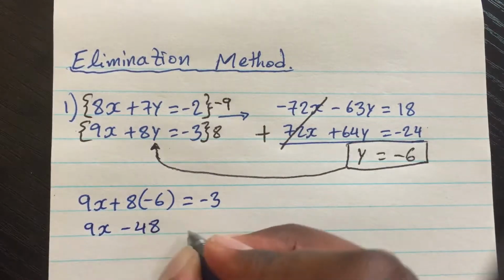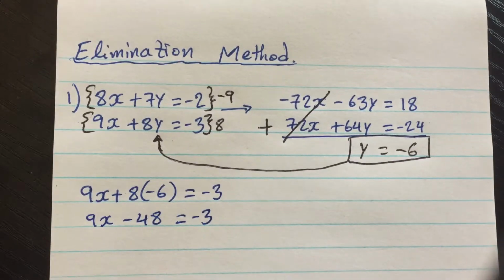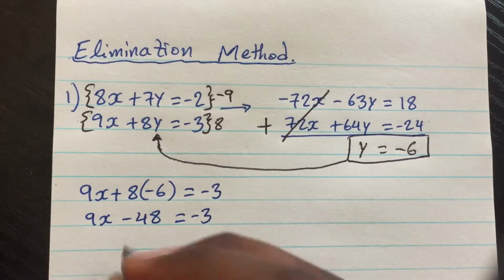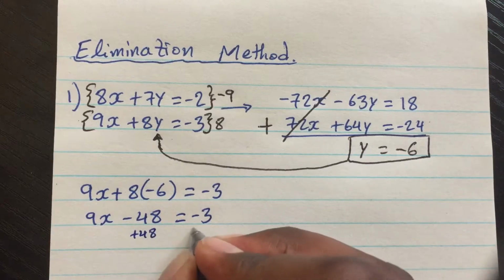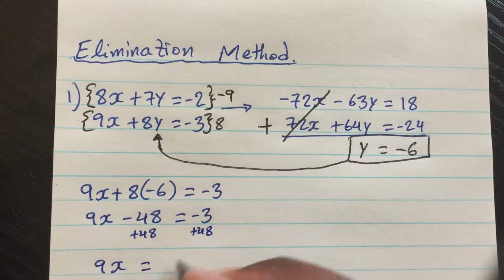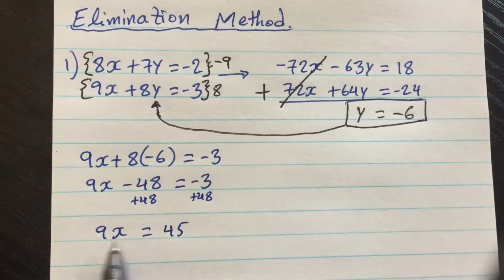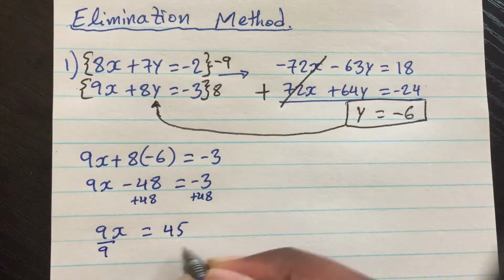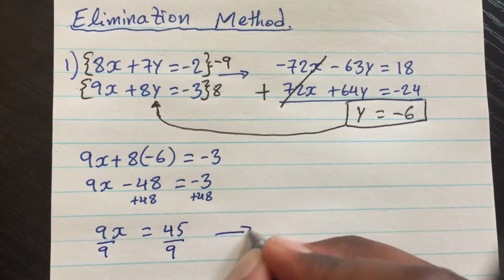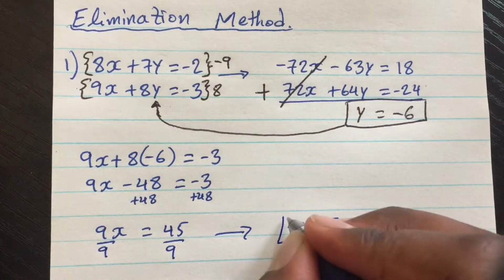Minus 48 equals -3. Add the 48 to both sides. That gets you 9x equals +45. And of course, to isolate the x, you just divide by 9. Divide this by 9. You get a result of x equals +5.